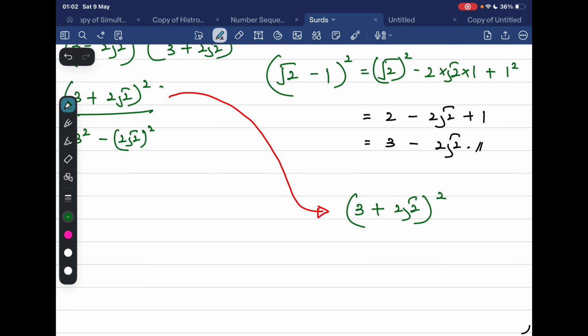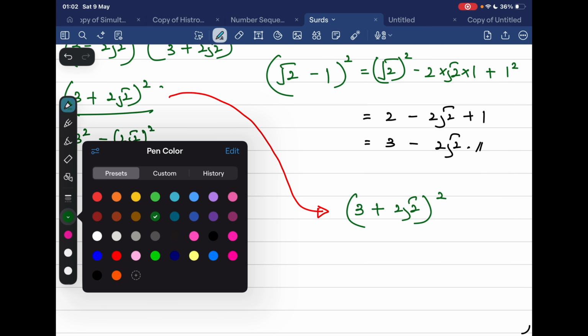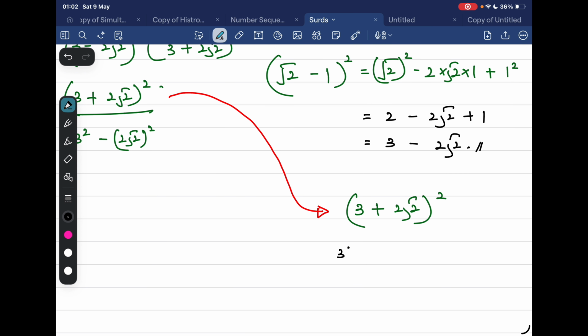How could you expand? It should be 3 squared plus 2 times 3 times 2 root 2 plus 2 root 2 squared. 3 squared means 9, 2 times 3 is 6, and 6 times 2 is 12, 12 root 2.